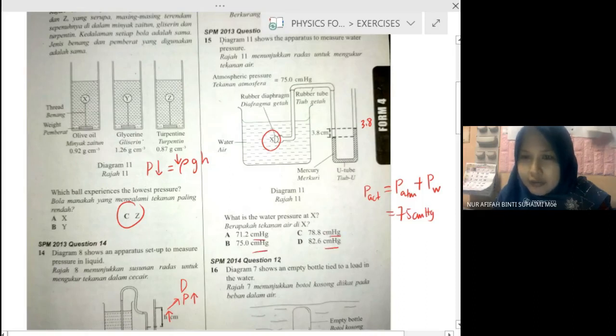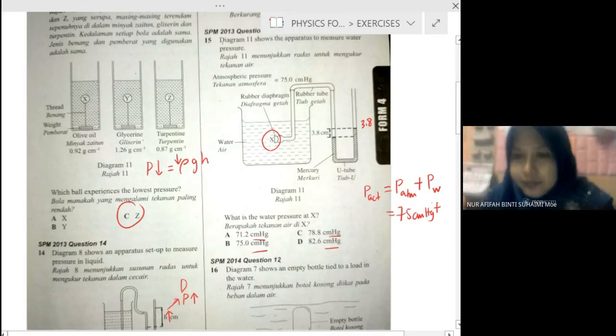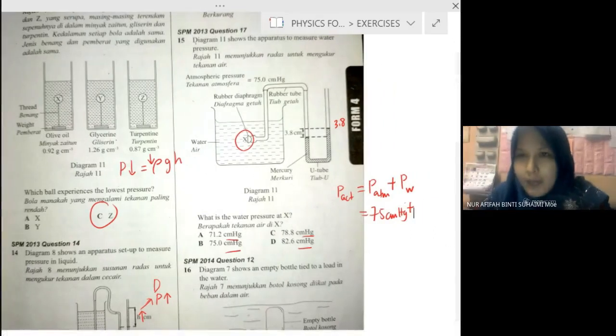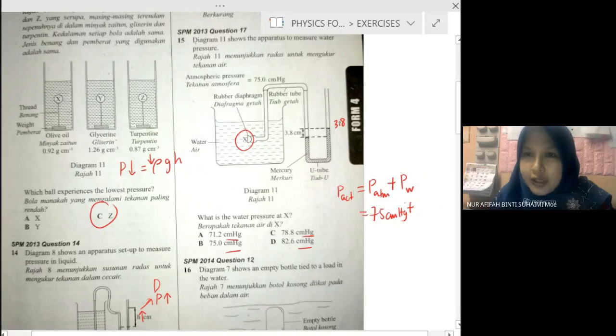For the water pressure, you just take it from the difference in height here, because the difference in height represents the pressure, right? So this becomes 3.8 cm mercury. Just add it. No need to think too much.